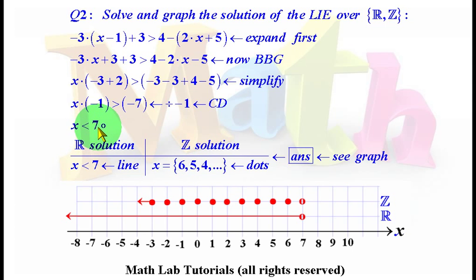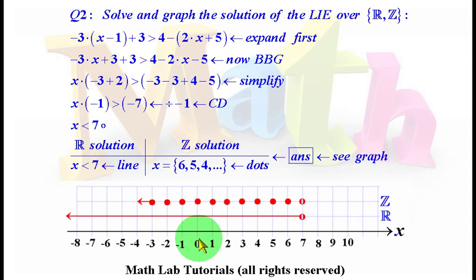X less than 7, all we do is rewrite it as x less than 7. Over the real numbers, it is just a horizontal line on the number line. Here's the number line down here, and there's the origin.